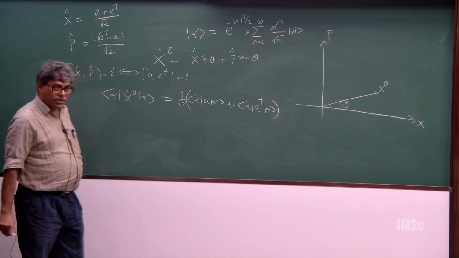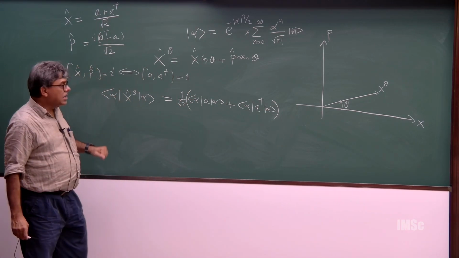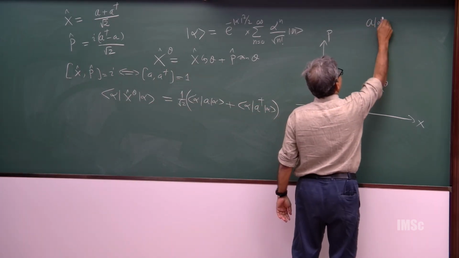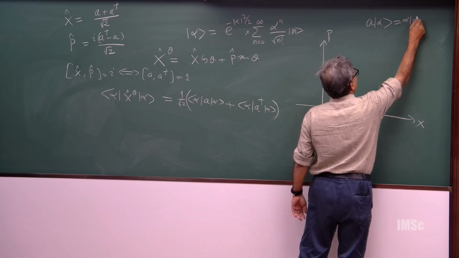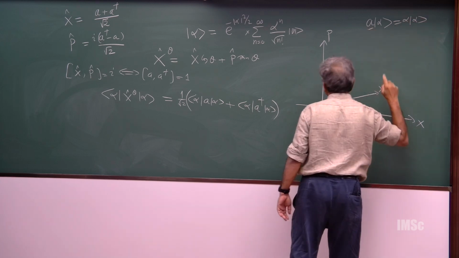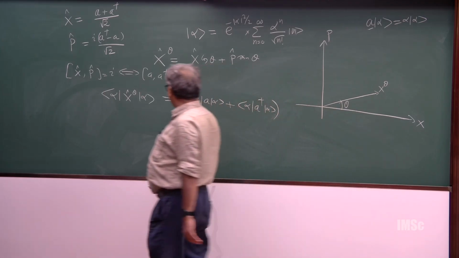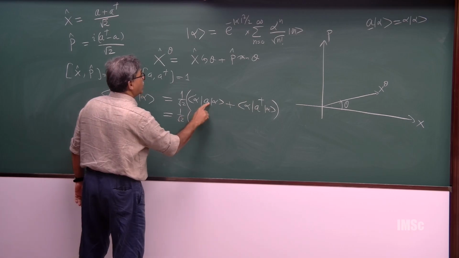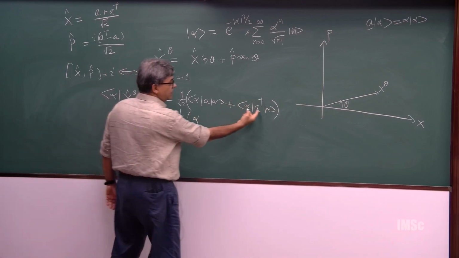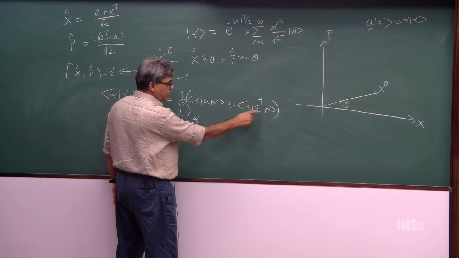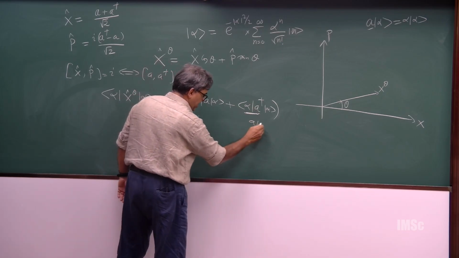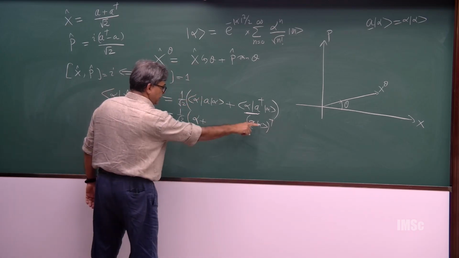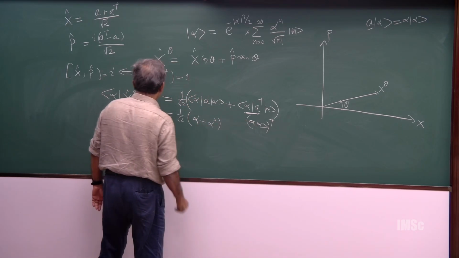And we know that this coherent state is an eigenstate of this annihilation operator a corresponding to eigenvalue alpha. So, as a result, this will be 1 upon root 2, this is alpha, and for the other term you will have to consider the action of a dagger, so this will give you alpha star.